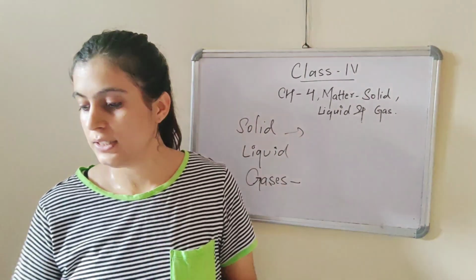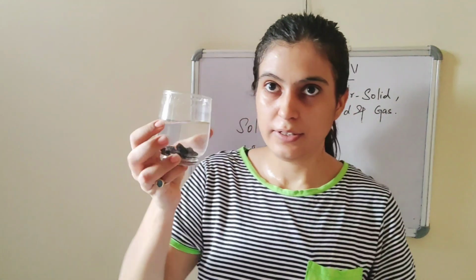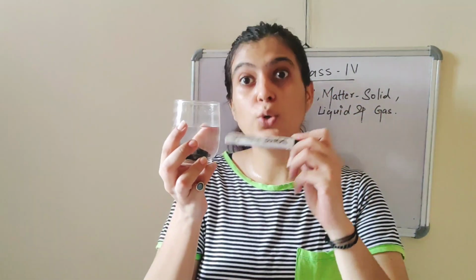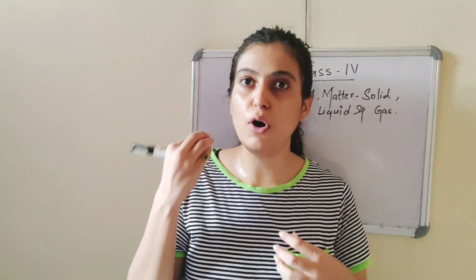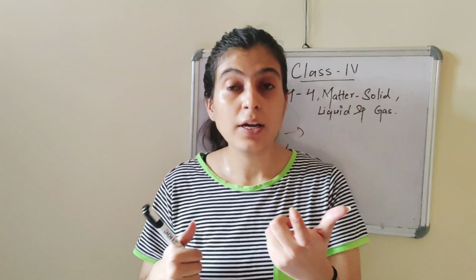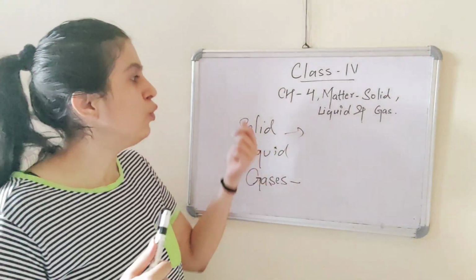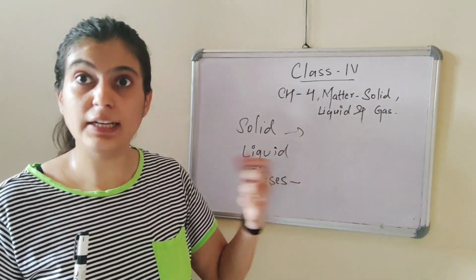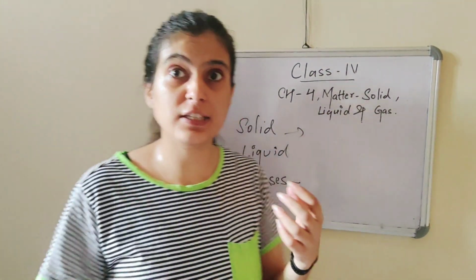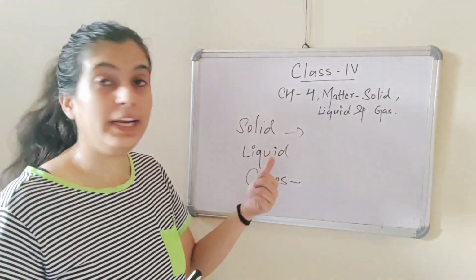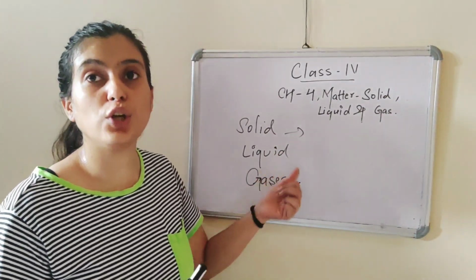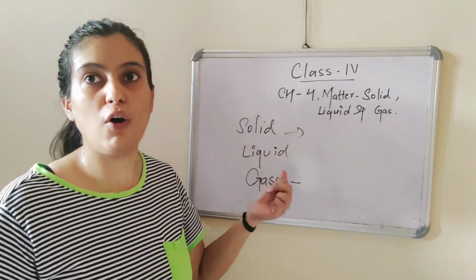And this glass of water is also matter, and the liquid in it is also matter. So the wood, the football, the water, and the air are different states of matter. Matter exists in three different states, that are solid, liquid, and gases, which are called states of matter.